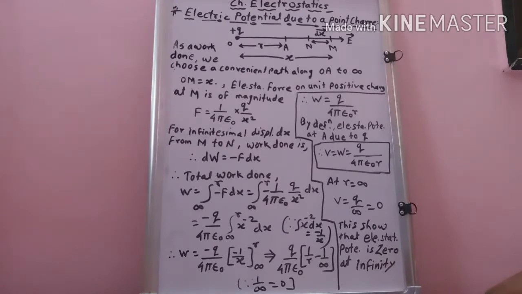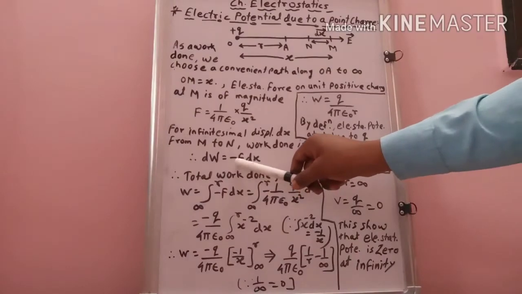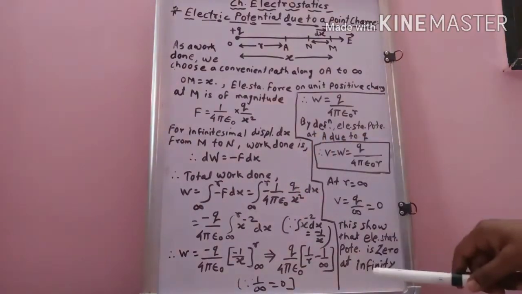For an infinitesimal displacement dx from M to N, the amount of work done is given by dW equal to minus F dx.